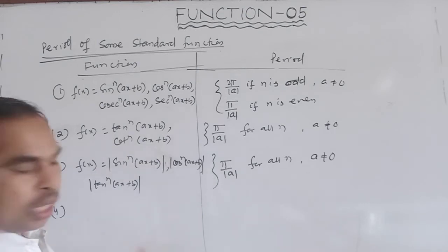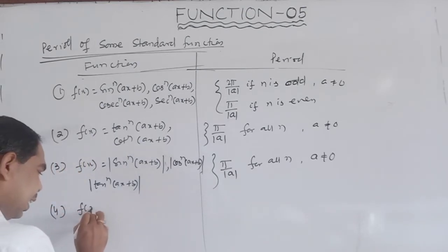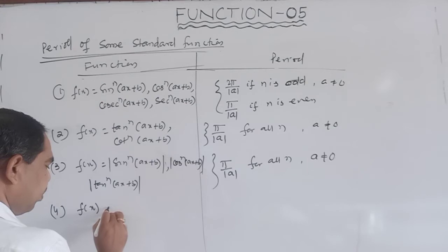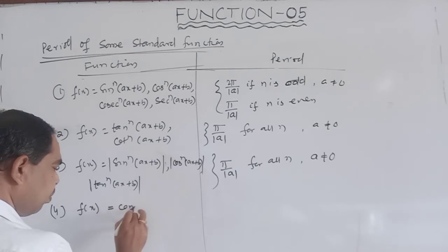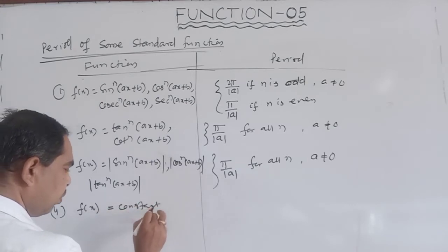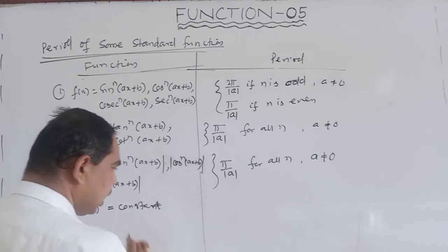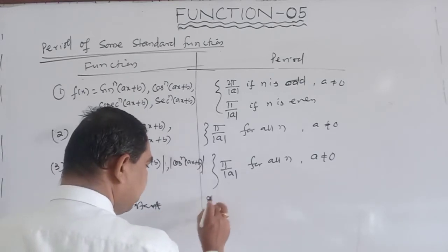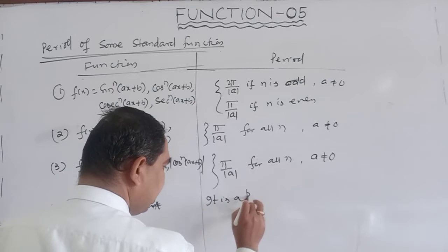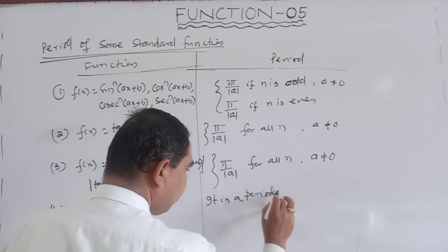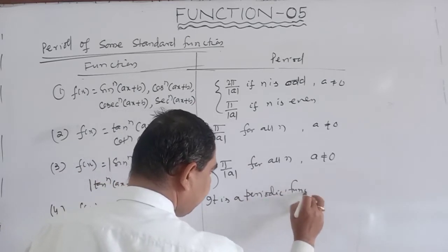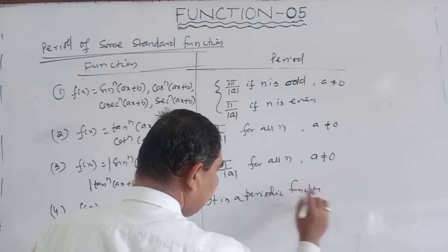4: f of x is equal to a constant function. It is a periodic function, but it has no fundamental period.